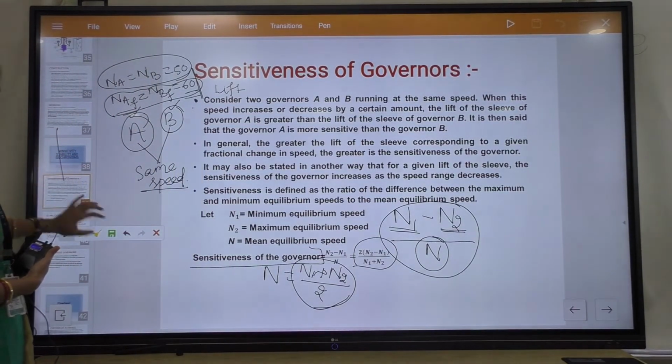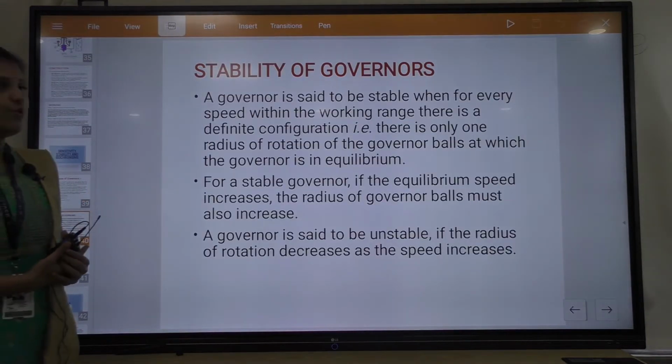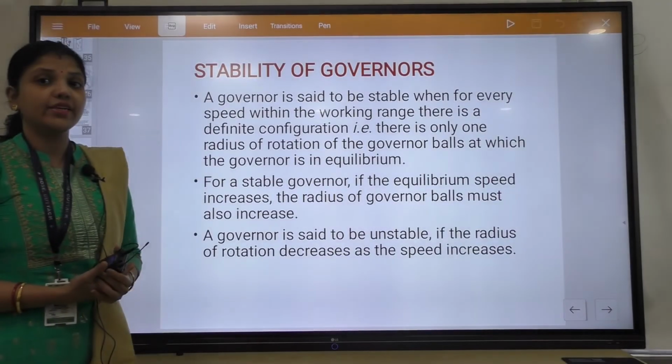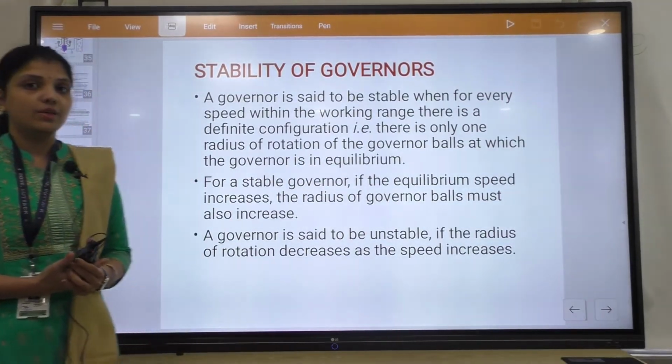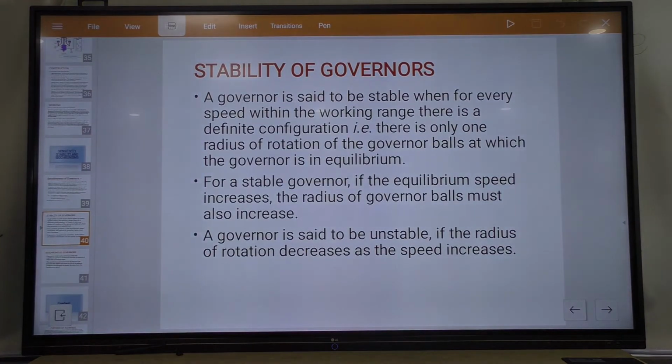Let us move towards stability of governor. So, when can we say a governor is stable? We can say governor is stable when for every speed within the working range there is a definite configuration. What does it mean?